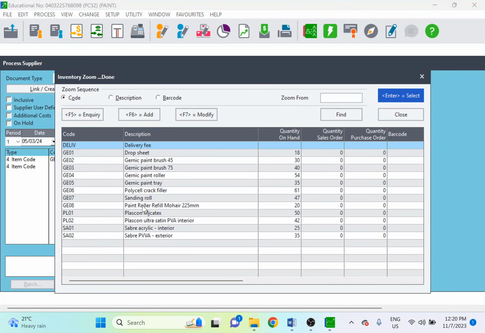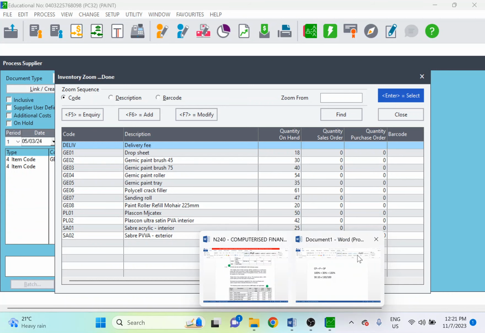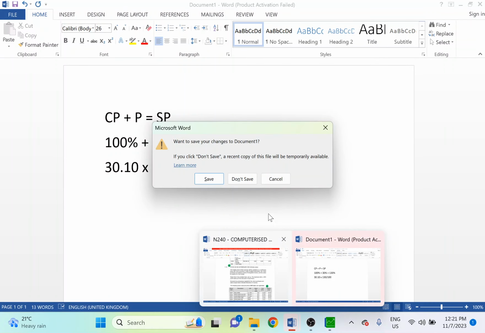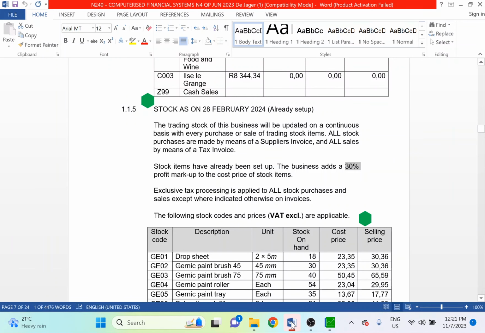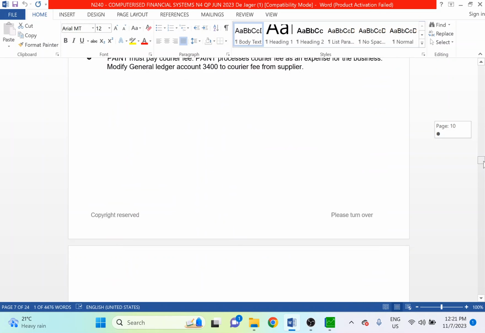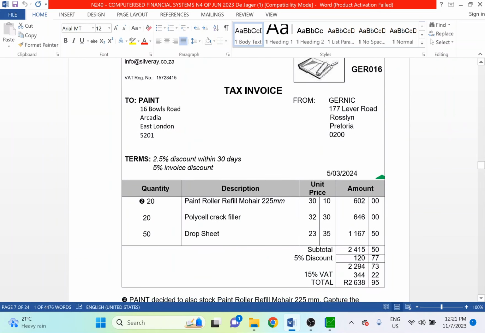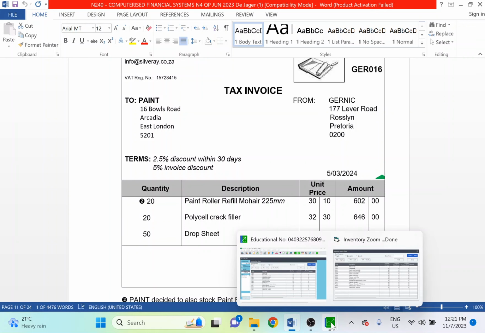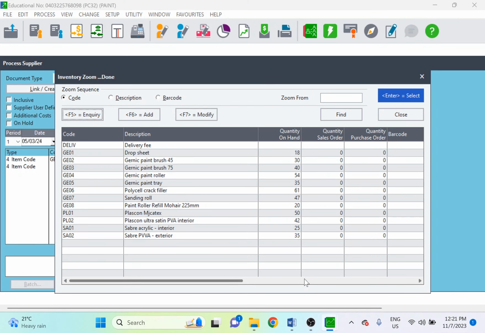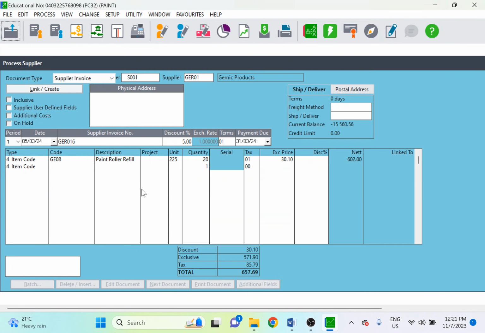Second item purchased, we have polycell crack filler, quantity we have 20 also, price 32 rand 30 cents.